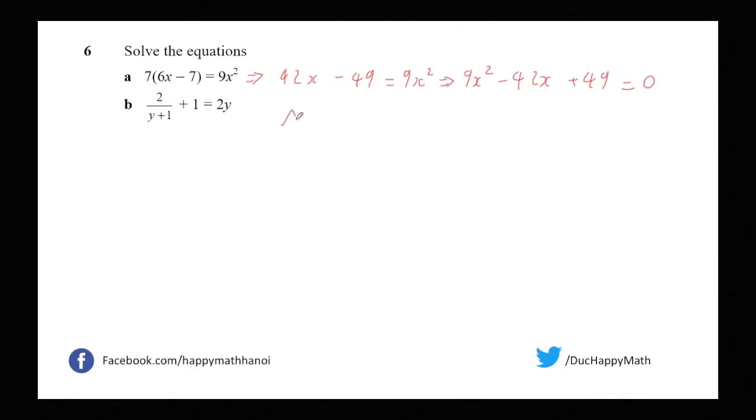Okay, the delta will be equal to 42 squared minus 4ac.